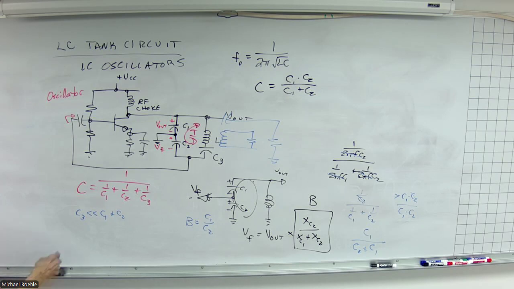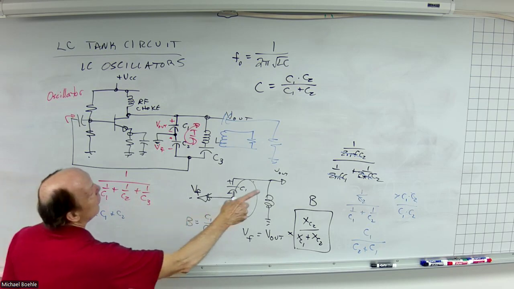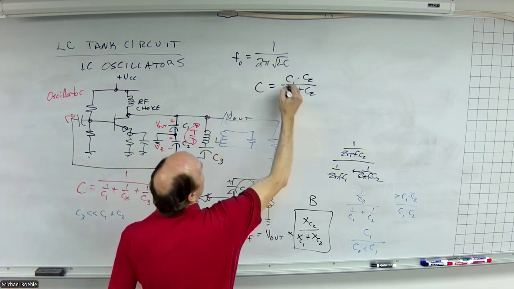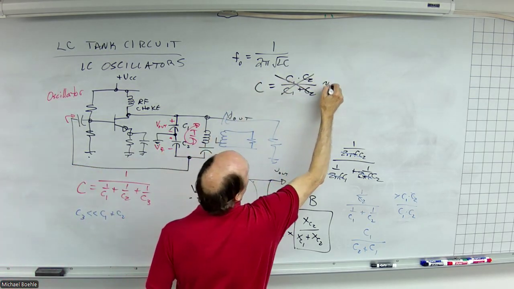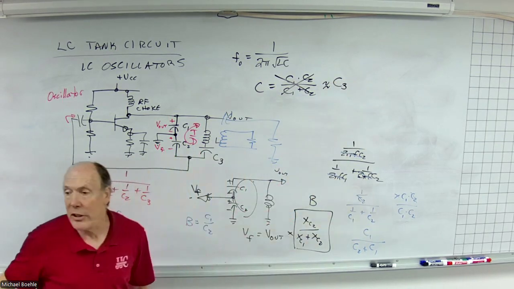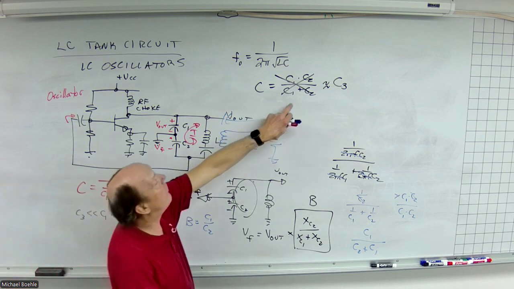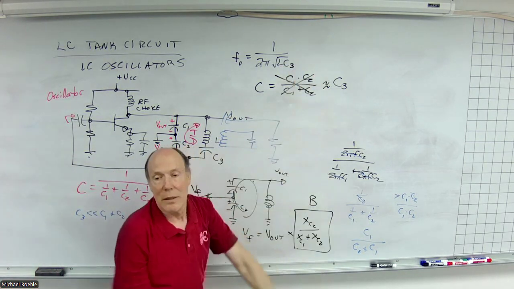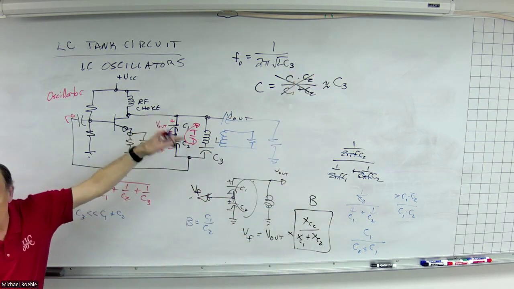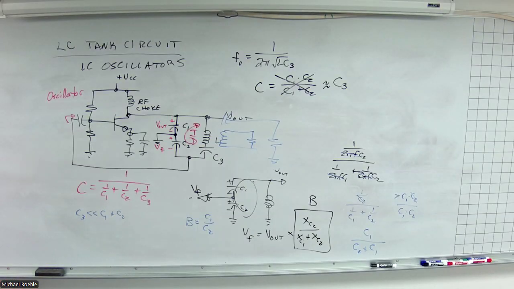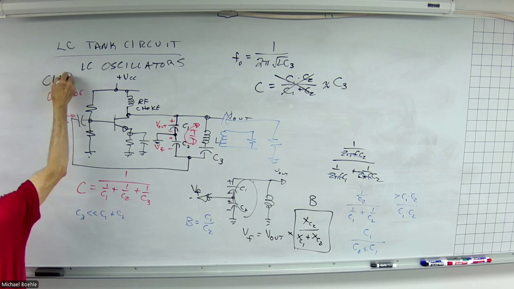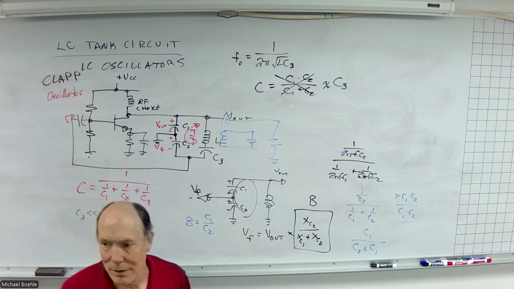So now the capacitance that we use here is going to be approximately C3. So now I can set the frequency using C3, set my feedback fraction using C1 and C2. When I do that, this becomes a flat oscillator.